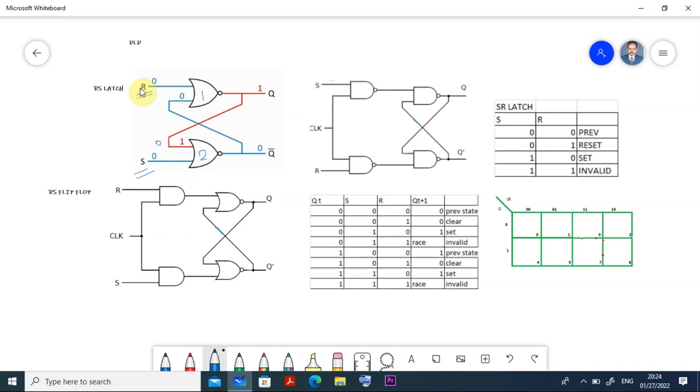So if clock is equal to 0, that means no clock I am providing, then whatever the values of S and R you provide, it keeps the memory. It will not change that.